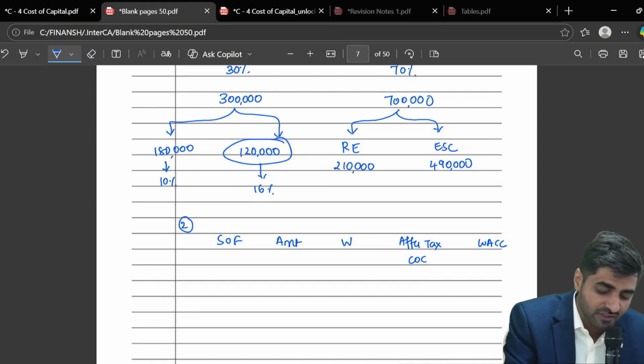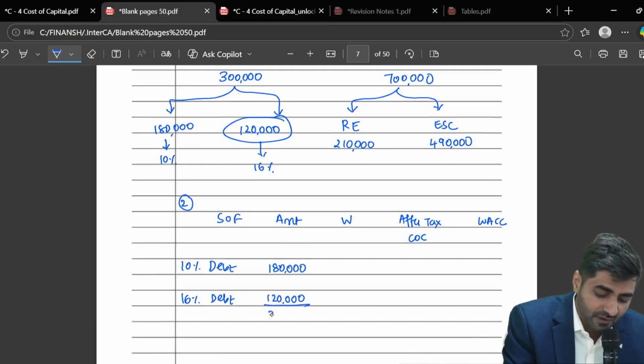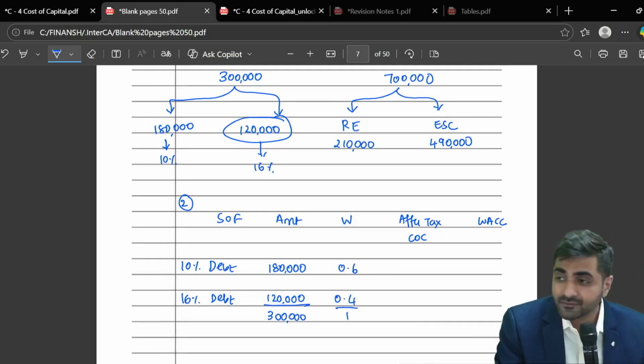Can you give me your sources of funds, beta? Can I say there is 10% debt and then there is 16% debt? What's the amount which we have? We have 1,80,000 and then we have 1,20,000. Can you please give me what's the total amount, guys? 3 lakhs. So can you give me the weights, guys? 0.6, 0.4, total should be 1.